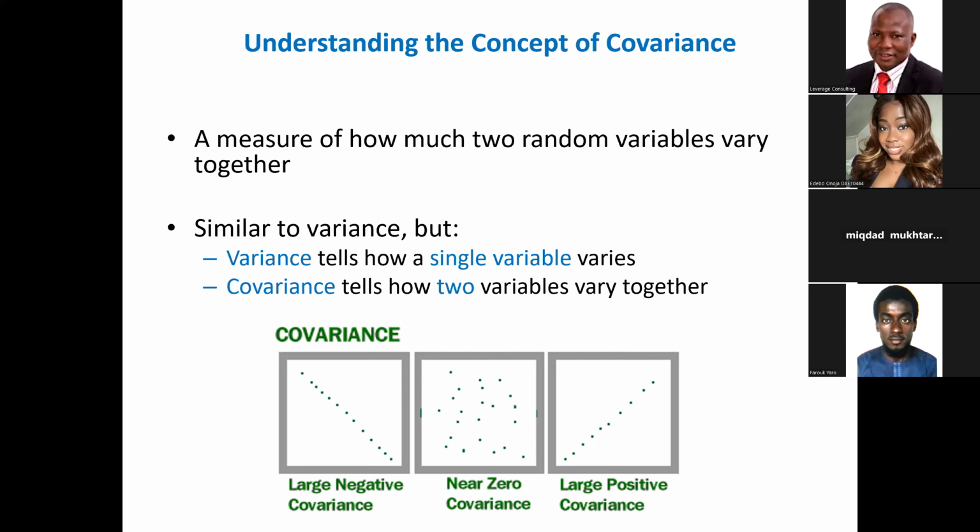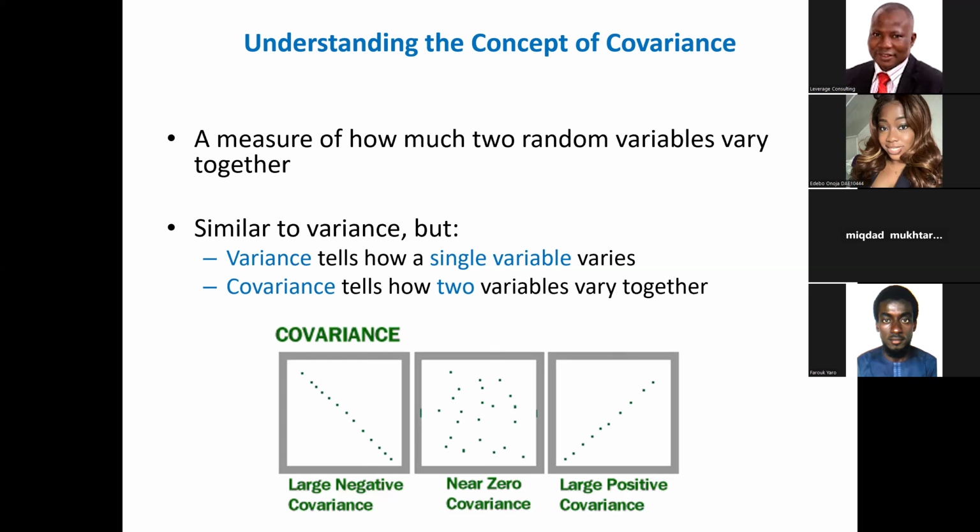Variance tells how a single variable varies, but covariance tells how two variables vary together.